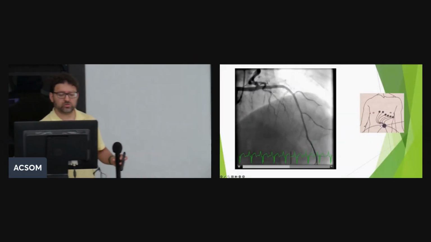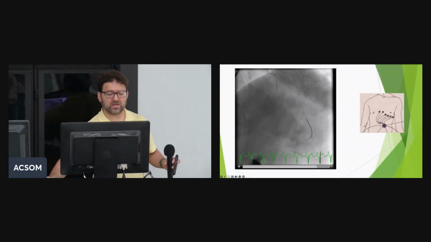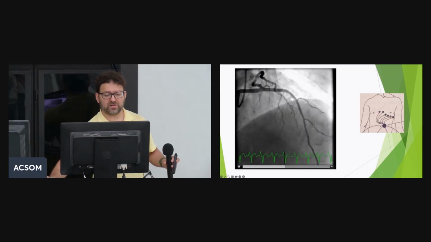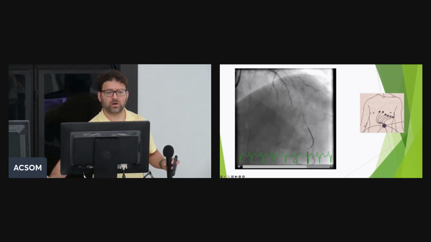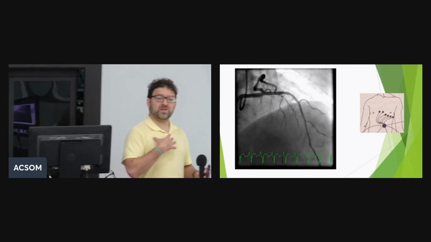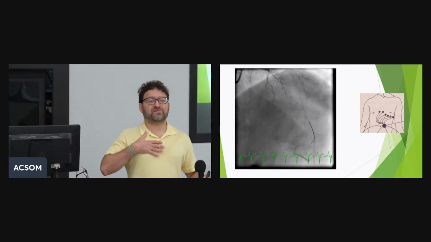V3 and V4 are anterolateral. So if you look at the anatomy, V1 and V2 are right at the beginning of the LAD. V1, V2, V3, V4. So V1, V2, V3, and V4 follow the LAD anatomically.